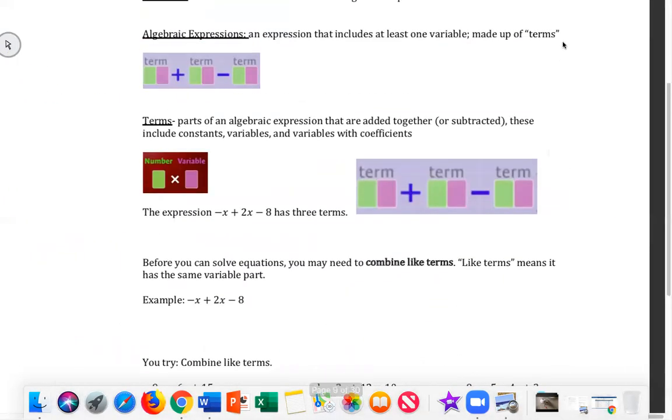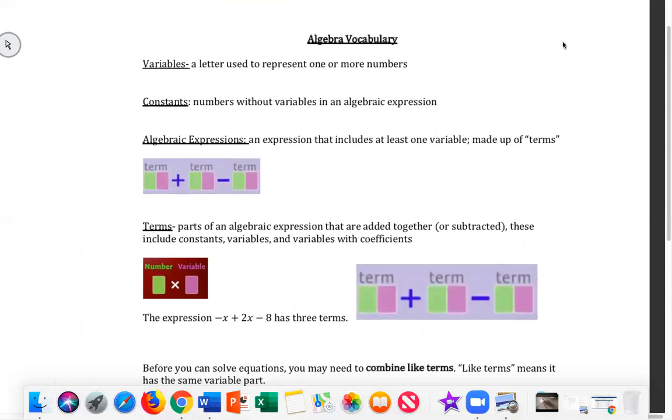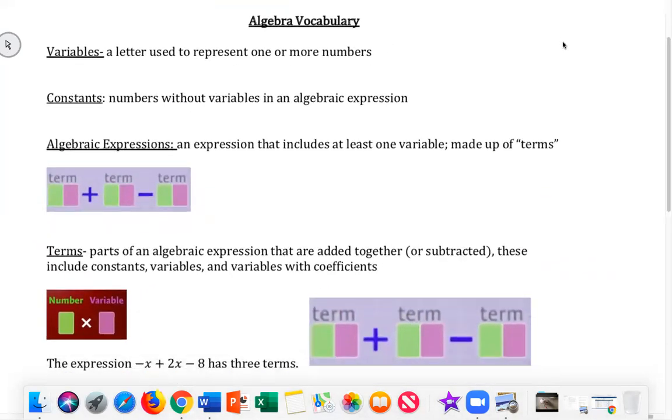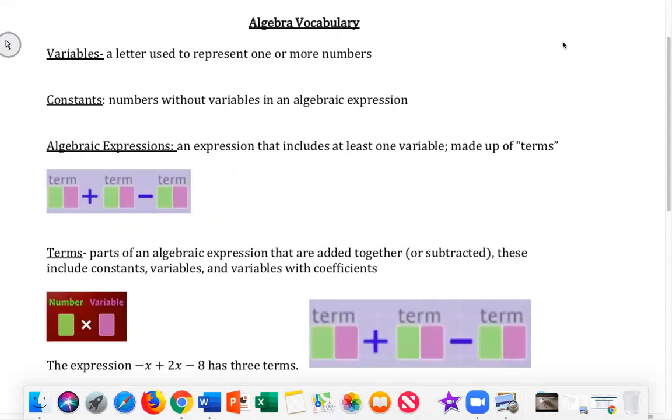All right, so let's switch over to this page. Now, this is just, again, a recap of the vocabulary. So variables are letters used to represent one or more numbers. Constants are numbers without variables, okay? An algebraic expression is pretty much an equation that doesn't have an equal sign, okay?